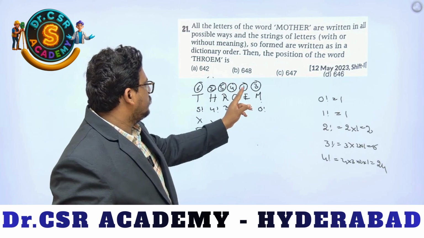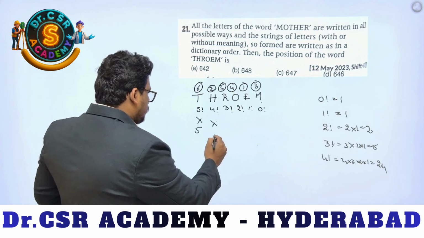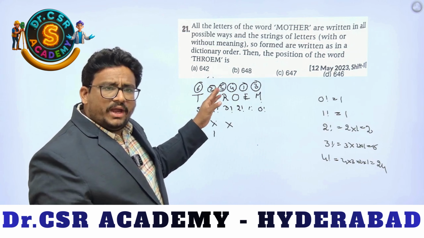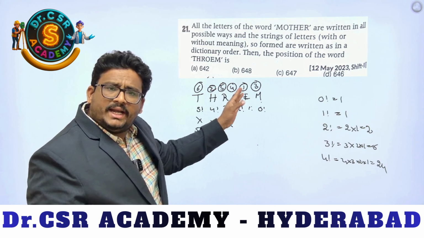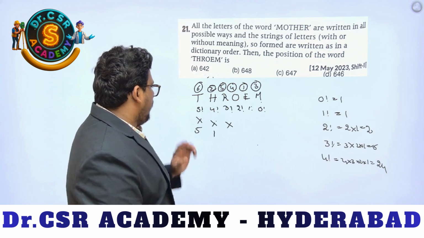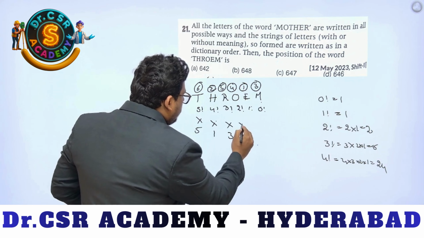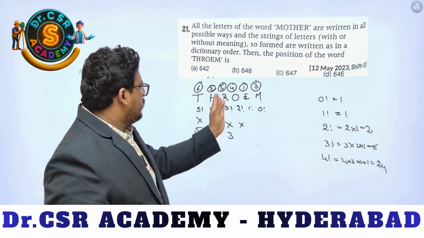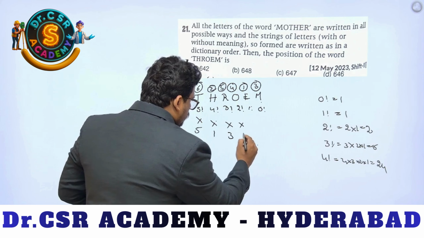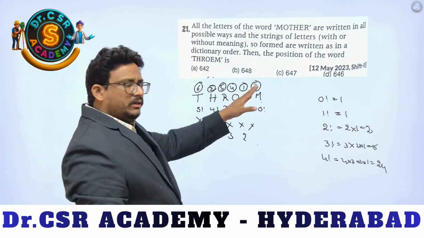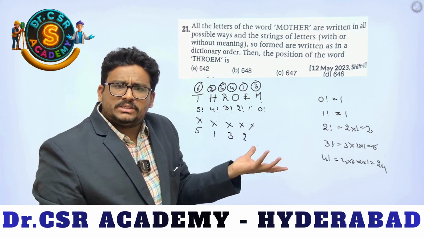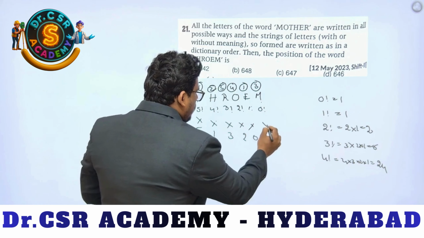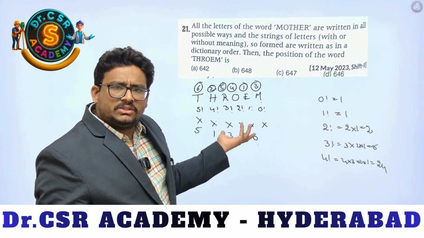Only one number. So 1. Next number is 5. Below 5, how many numbers are on the right side? 1, 2, 3. Next number 4. Below 4, how many numbers are on the right side? Below 4 is 2. Next number 1. Below 1, how many numbers are there on the right side? 0. Below 1, 0. Next, as usual, below 3 there is no more number.